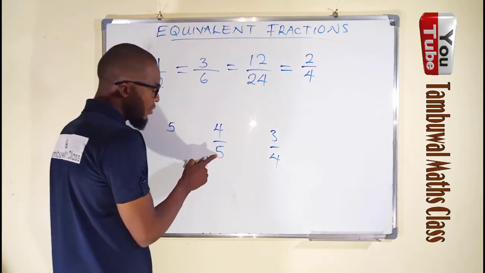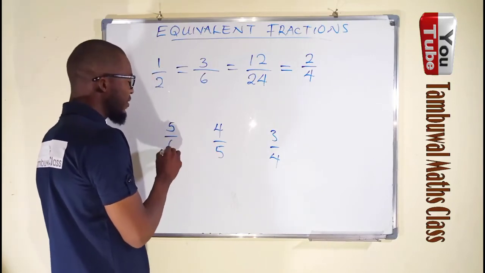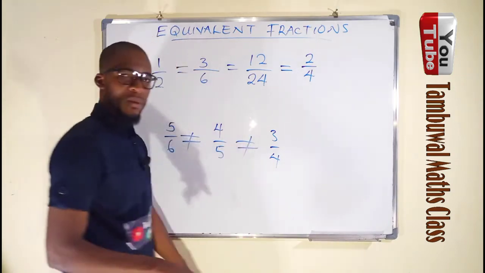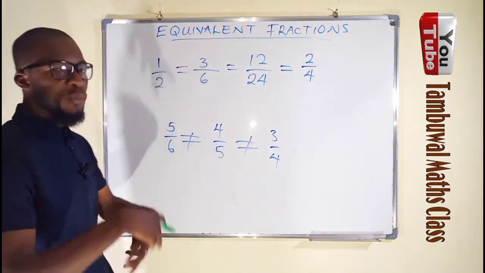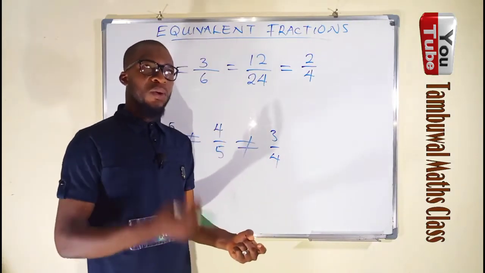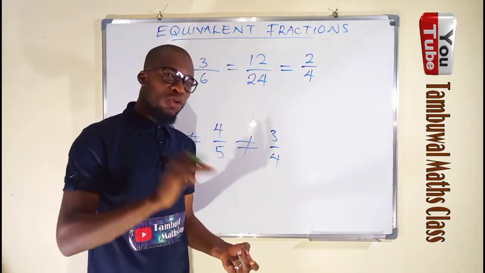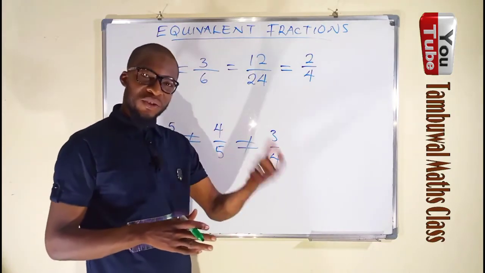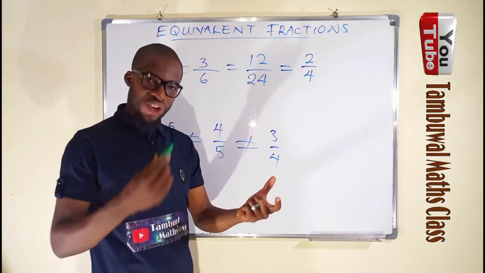If you add 1 to this number, you obtain 6. This and this are not the same. But if you use multiplication or division of numerator and denominator with exactly the same number, whatever fraction you obtain will be equivalent to the initial one.